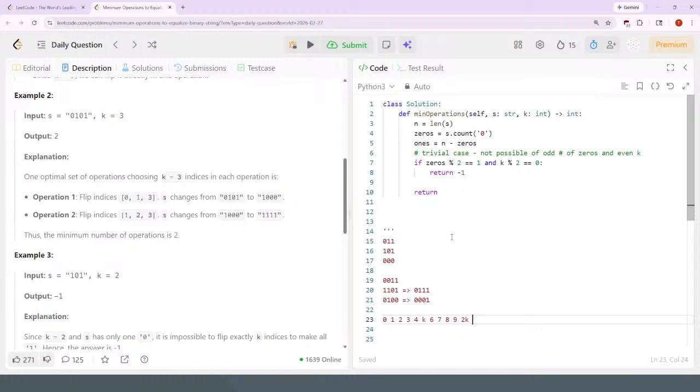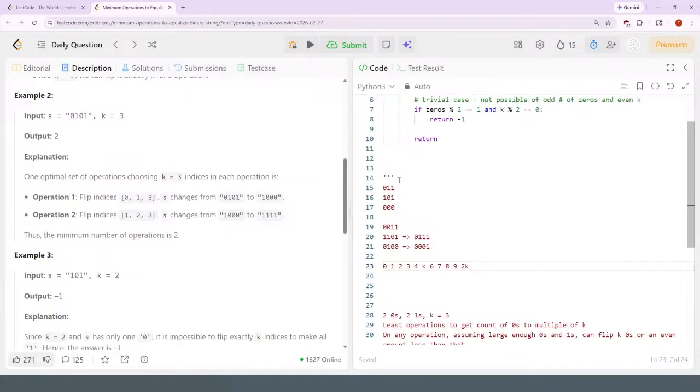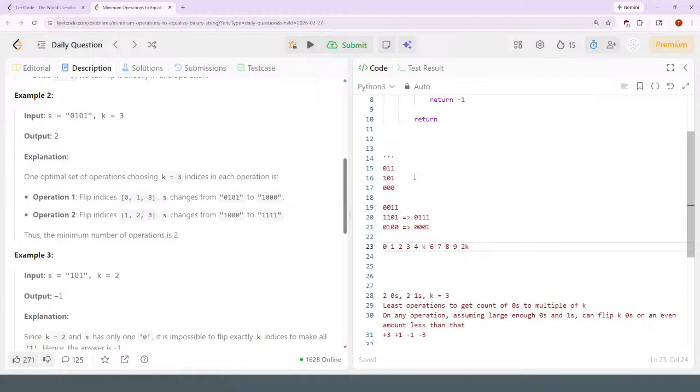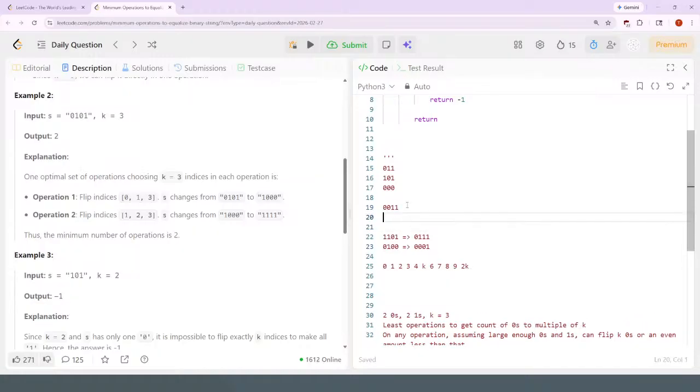So if you remove, we have 3 zeros. Two zeros, 2 ones.